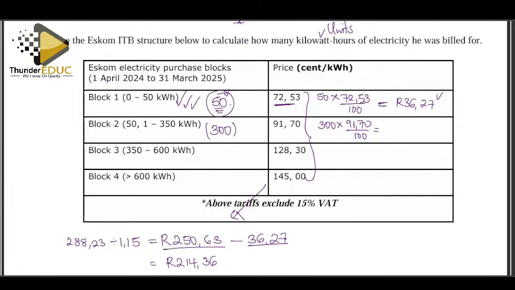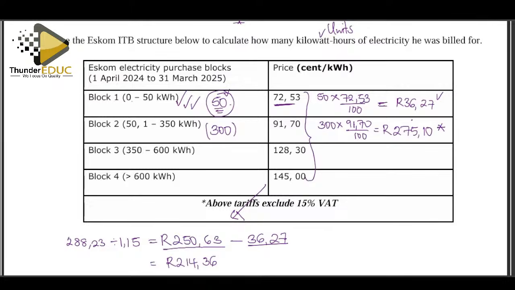We want the answer to be in rands because we are dealing with rands. So 300 times 91.7 divided by 100 gives us 275 rands 10 cents.